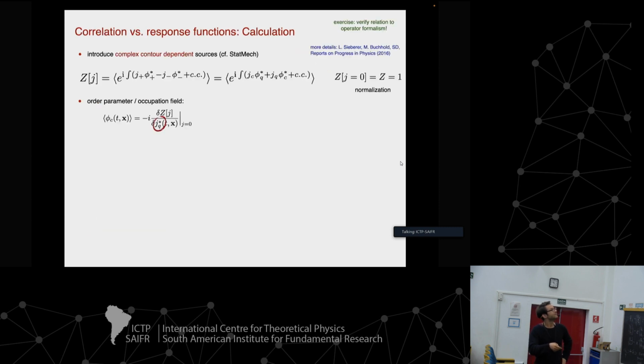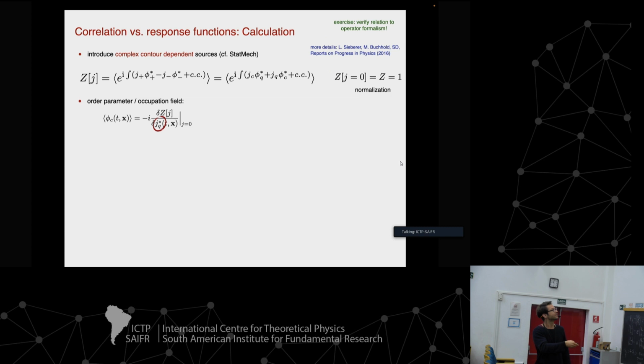Okay. So we wanted to get a systematic grip on computing these correlators here. To this end we introduced these contour-dependent sources, and then, as a formal observation, we can get all these products of fields under the expectation value by taking suitable derivatives and then setting the source equal to 0 at the end of the calculation.